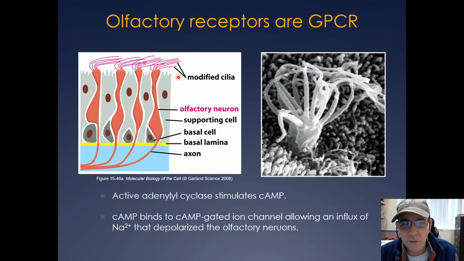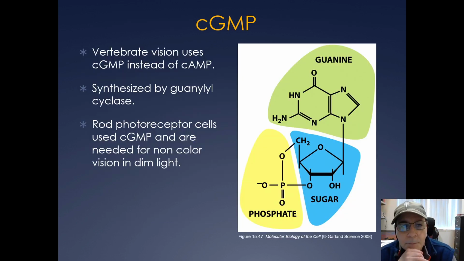We basically use G-protein coupled receptors and adenylate cyclase, which then binds to a cyclic AMP gated ion channel, which causes depolarization of the olfactory neurons. Okay, and then the axon goes off to our brain. Same kind of thing happens with vision, except we use cyclic GMP.